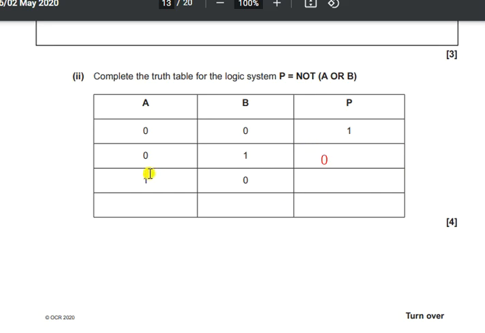And then we have 1 and 0. So 1 will give us the output of 1, and therefore when we apply the not operator we will get a value of 0. And then in the truth table we have 0, 0, 0, 1, 1, 0, and we are left with the 1, 1 combination.